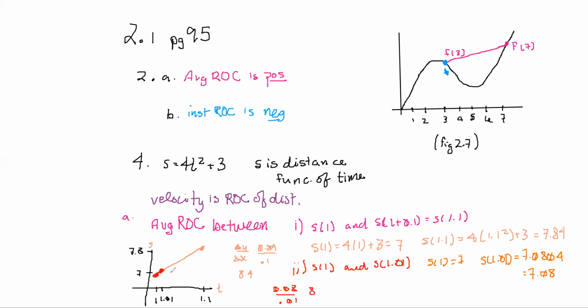It's not discernible on the graph. And the fact that this is more precise. If we were to extend this decimal point out further, it would be 8.04. So this number is larger than this number.